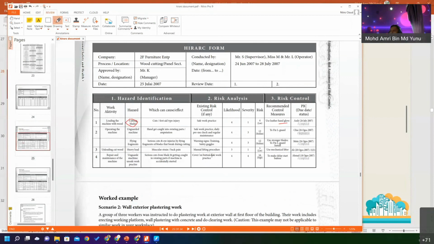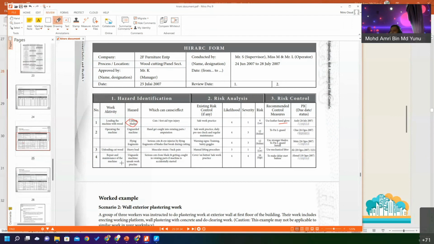You see, this immediately done. 4x4 16 to make delay stuck button. This is what is recommended lah. Next control measure, but this is the existing one. So the issue has been quickly resolved and then have been closed.